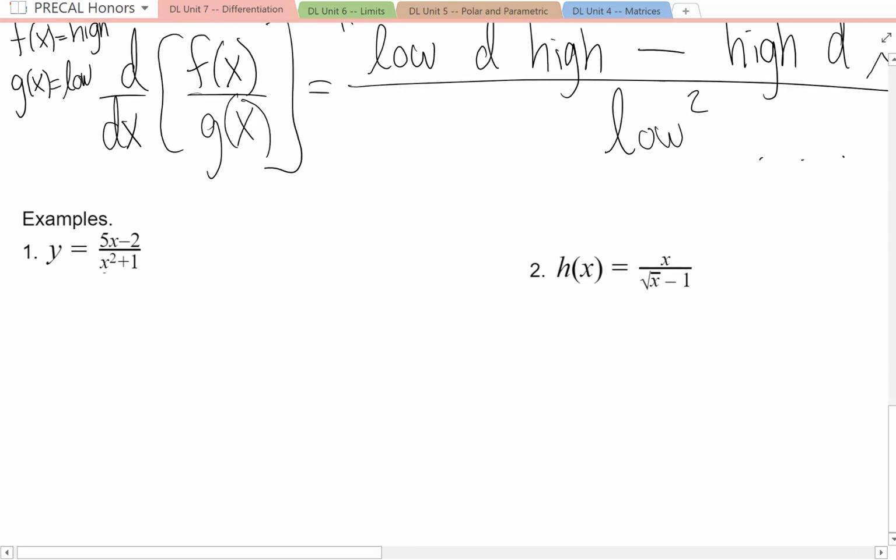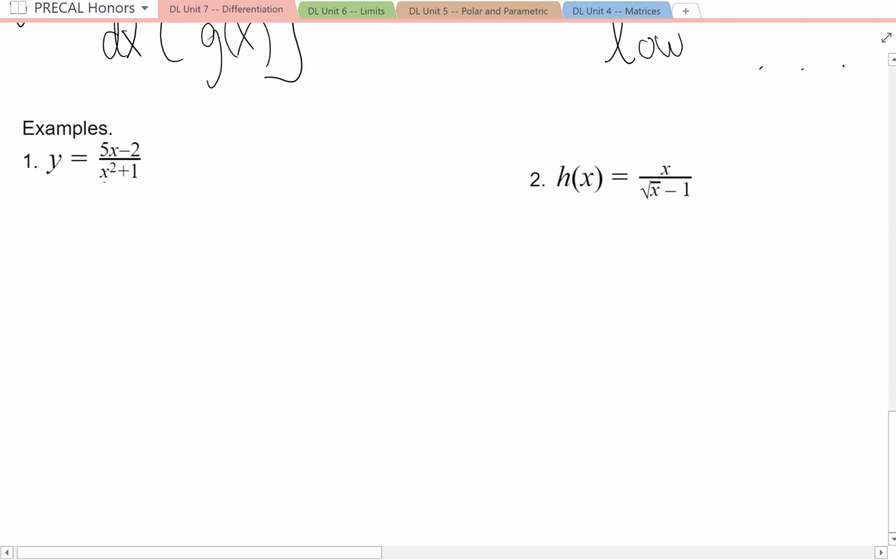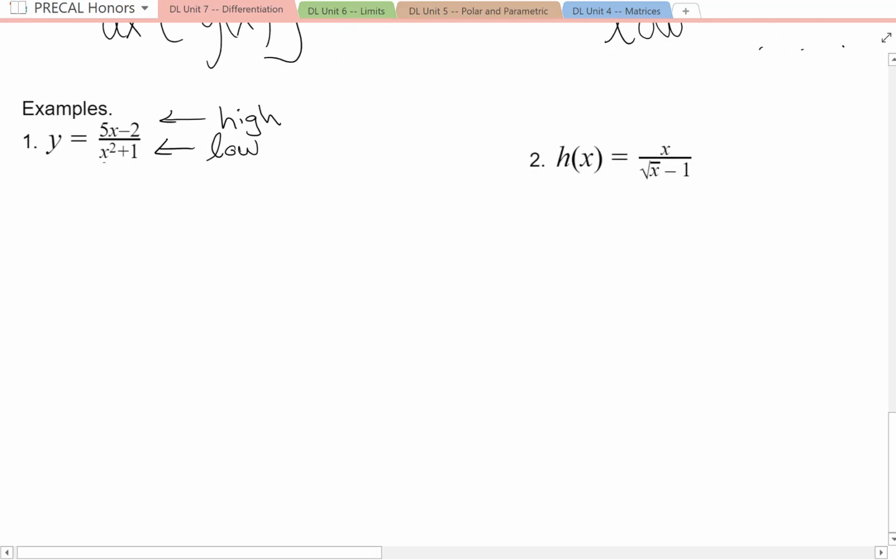Let's try it out. This is my lower function, this is my higher function. That's not necessary to label, but I just want you to know what we're talking about.